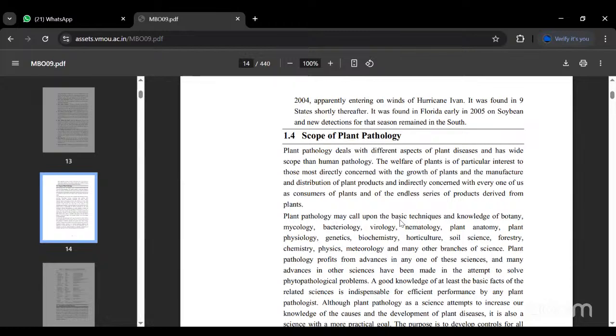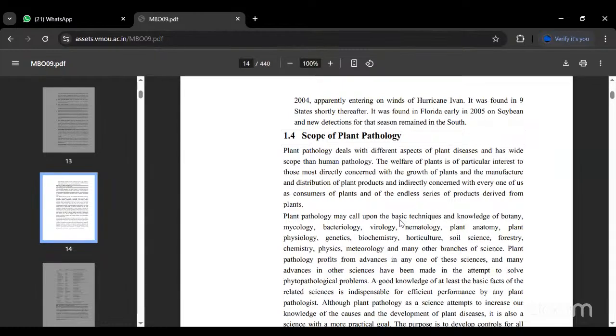The welfare of plants is of particular interest to those most directly concerned with the growth of plants and the manufacture and distribution of plant products, and indirectly concerned with every one of us, consumers of plants and of the endless series of products derived from plants.